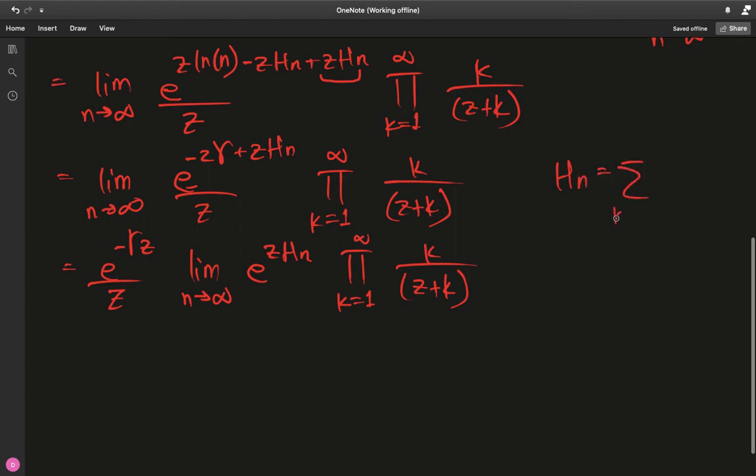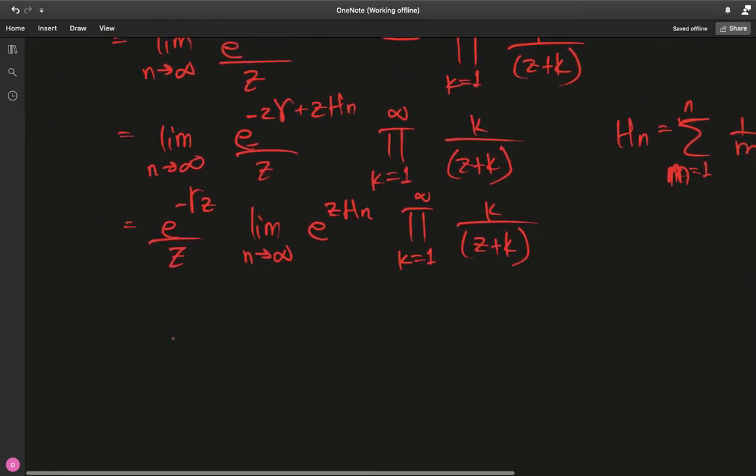That's the sum from k equals 1 to n. Let's have another indexing variable m, 1 over m. So that was the nth harmonic number.